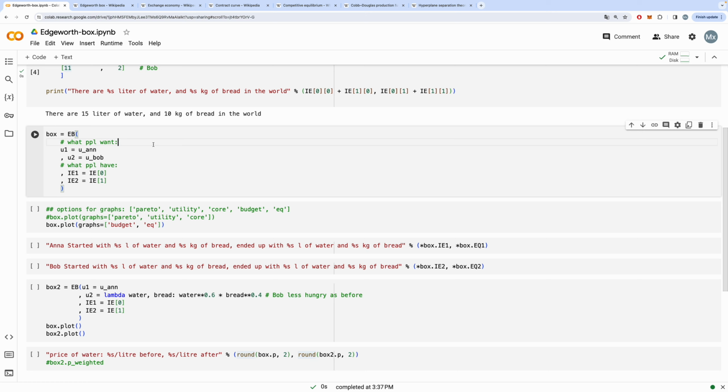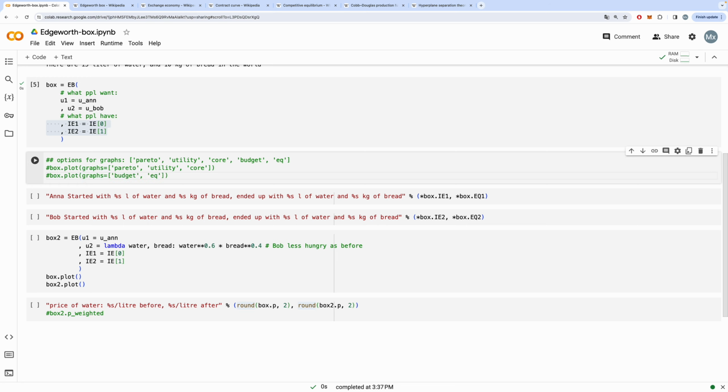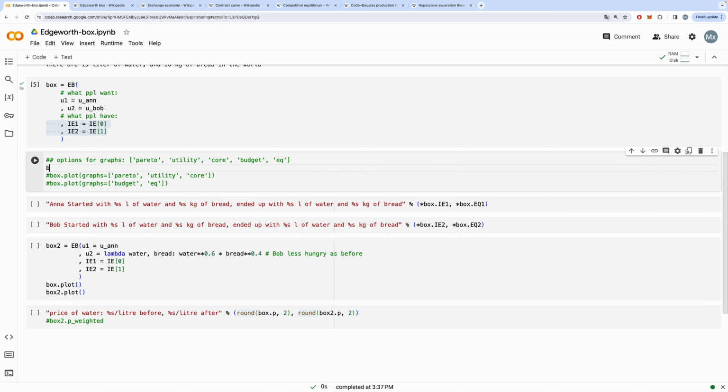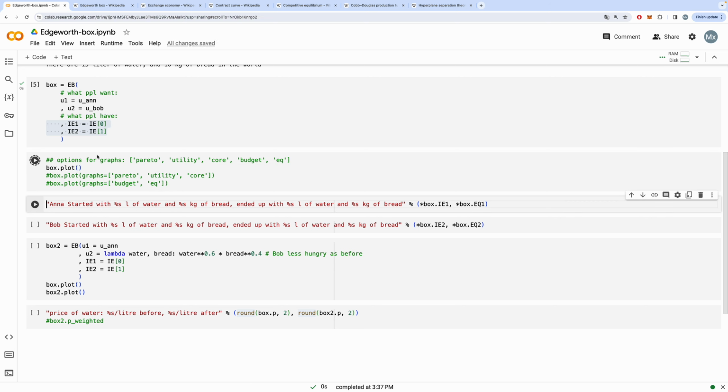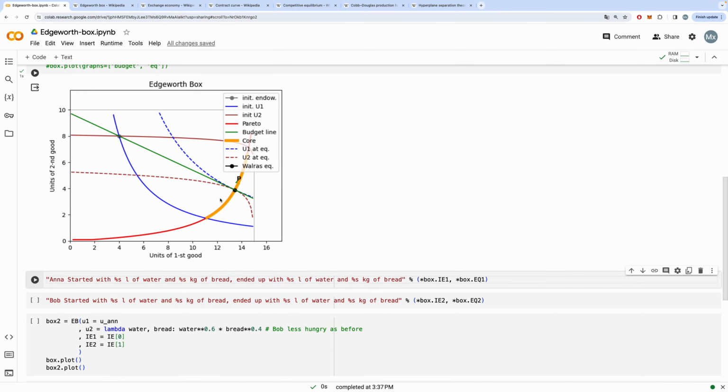Okay, let's set up a box, taking what people want and what they have, and let me plot it. So it can be a bit overwhelming at first.